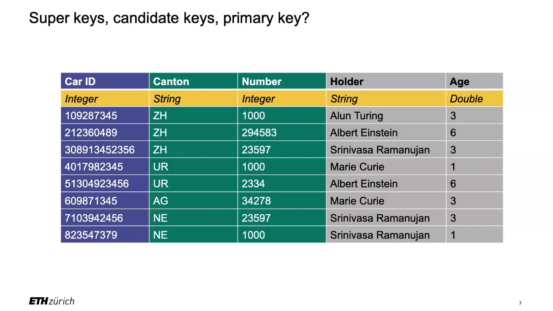As soon as you can remove something from a super key and it's still a super key, then you don't have a candidate key. For a candidate key, you must not be able to remove anything. It has to be minimal, right? So car ID is a super key and a candidate key. And can somebody give me another candidate key in there?